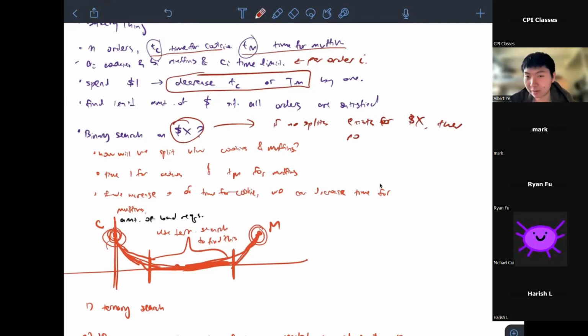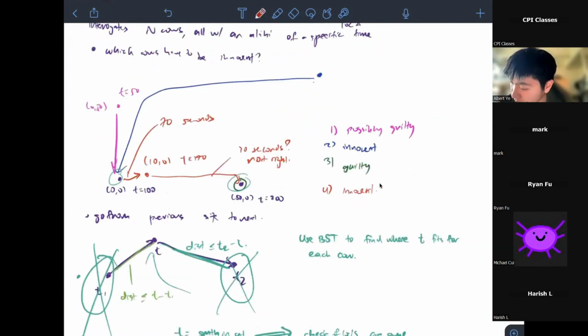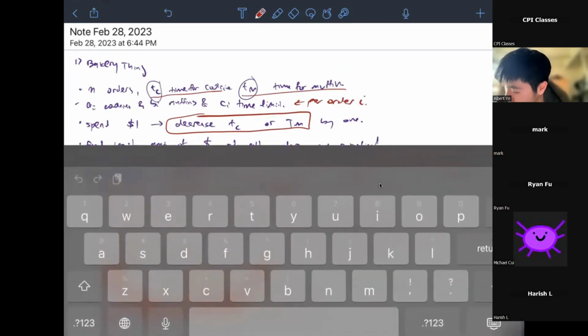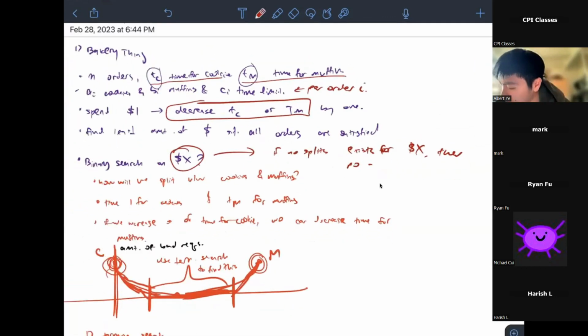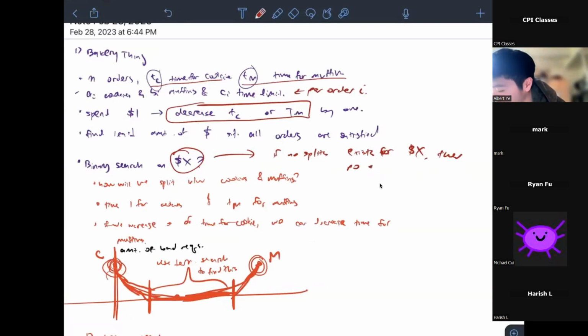I think this is pretty self-evident because assuming there is no A or B that satisfies both the cookie and muffin constraints in tandem, then reducing the amount of money we're spending is not going to help anything. If no splits exist for X dollars, then no splits exist for X minus $1. So how will we split between cookies and muffins?